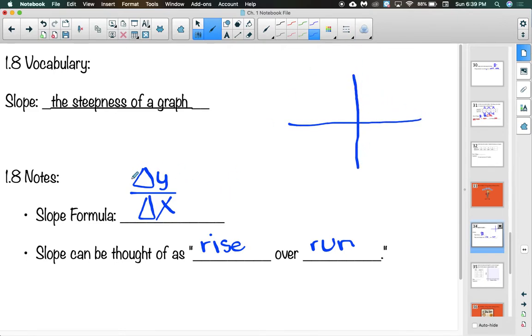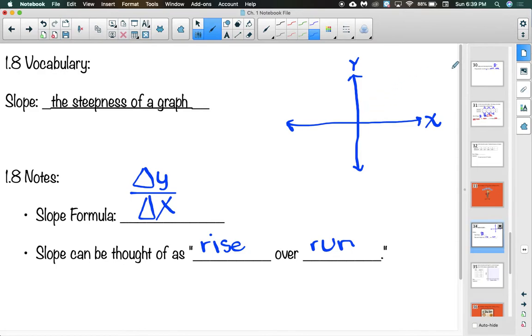Okay, so delta y is the change in the y coordinate, and that's how far you are rising. Okay, and delta x is the change in the x coordinate. How far are you running? So slope is rise over run. How far are you rising to run? How far are you going up to go over?